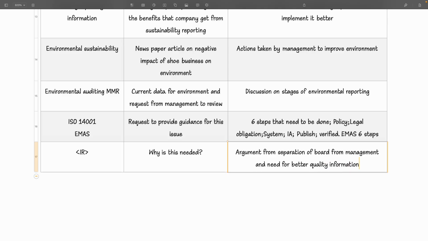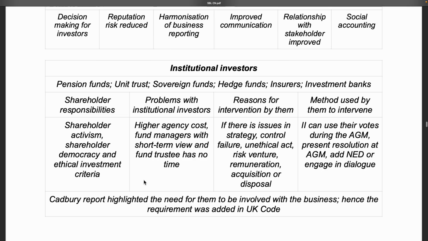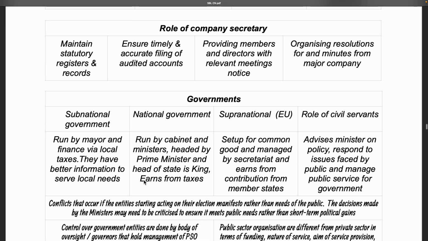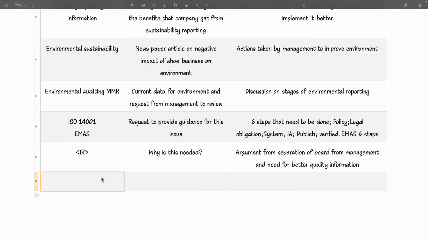Right, that's basically what you're looking at. So integrated reporting possible. Meetings no, trade union no, company secretary no, government no, fraud detection, yeah, fraud.